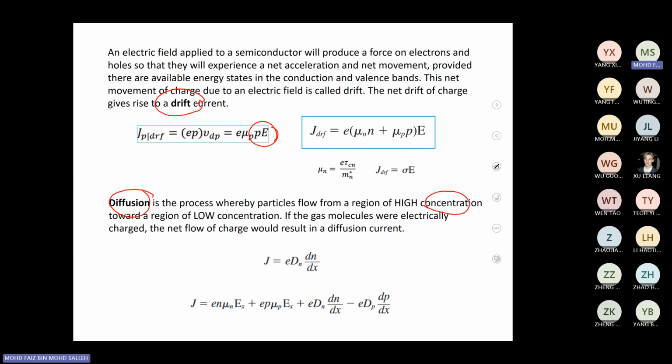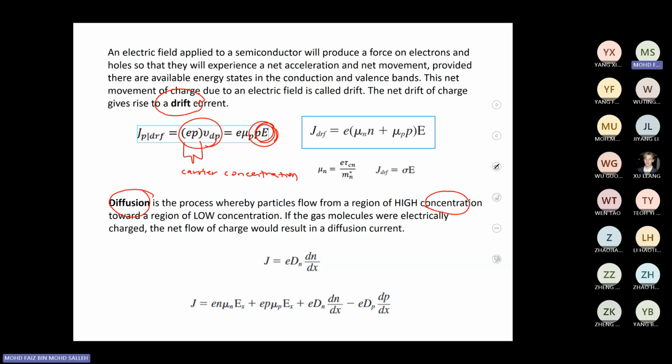Drift, as I mentioned before, is related to the external force, which is the electrical field, and this current depends on the carrier concentration, the number of electrons. You need electrons to have a current. If there is no free electron, there are no carriers, so you cannot have current.